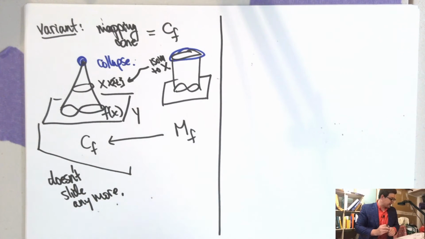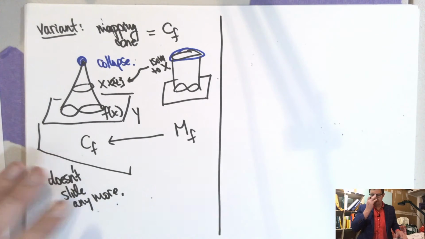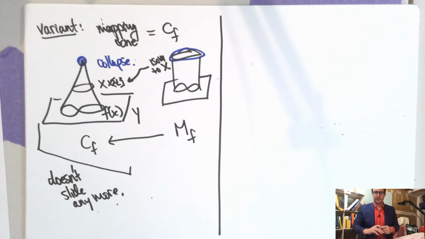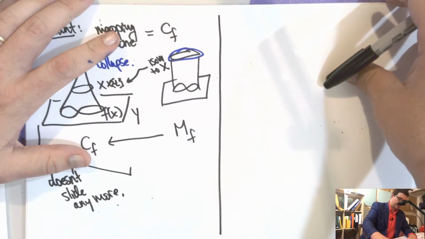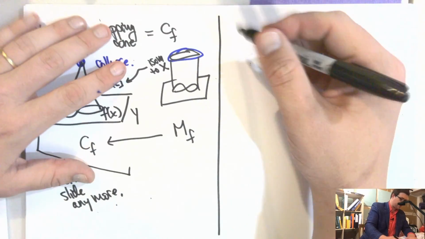Okay, so the last thing that I didn't want to say, but okay, I'll say it. It doesn't hurt to repeat it twice. One of the things that I want to say is a property of the mapping cylinder.